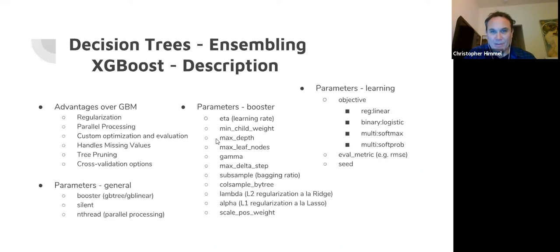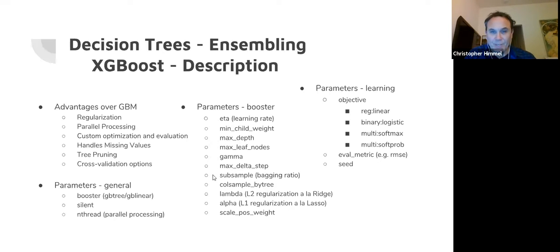Max depth, how far you want your weak learners to go. Max leaf nodes, how many leaf nodes do you want for maximum for your weak learners. Gamma, not sure what this one is. Delta step, this is another part, like this part of the learning rate.